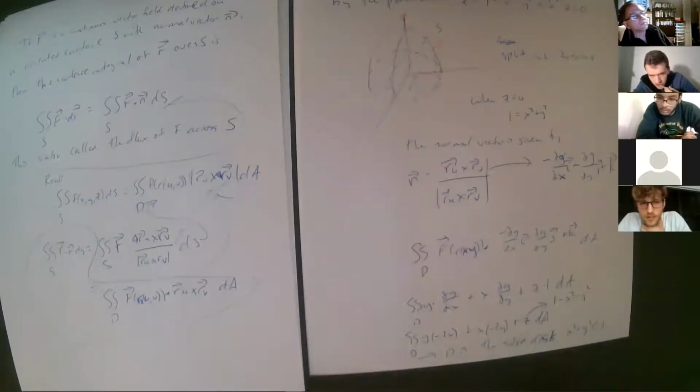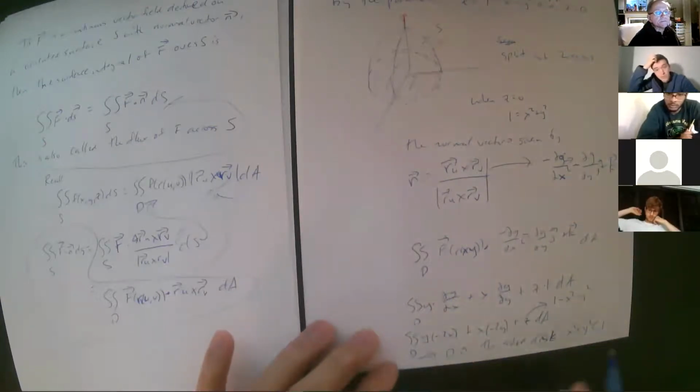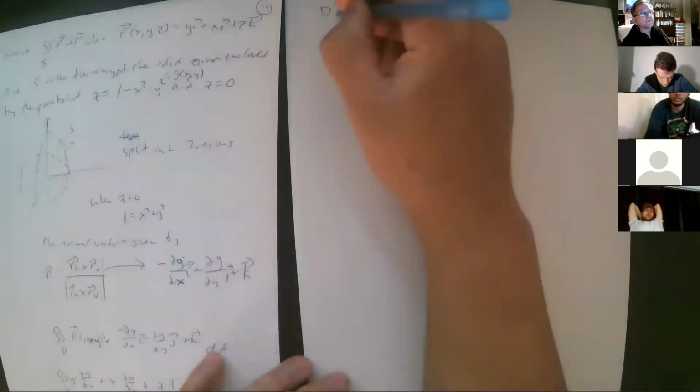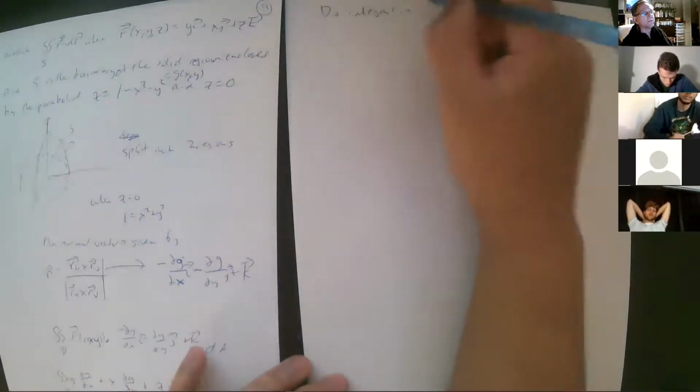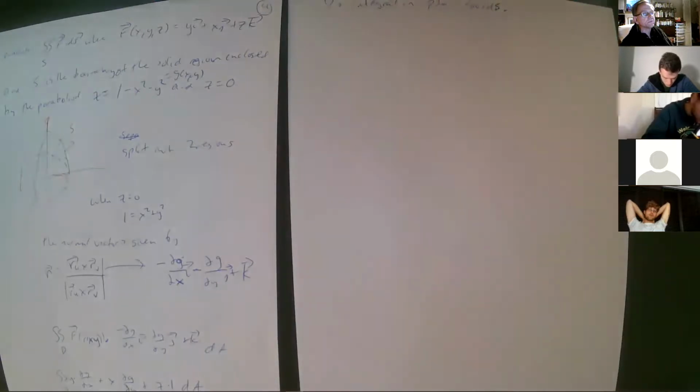We can convert x squared plus y squared into r. Yeah, polar coordinates, right? We got a nice disk here. Do this integral in polar coordinates. Okay. We can do polar coordinates there. I'll leave that to you guys.